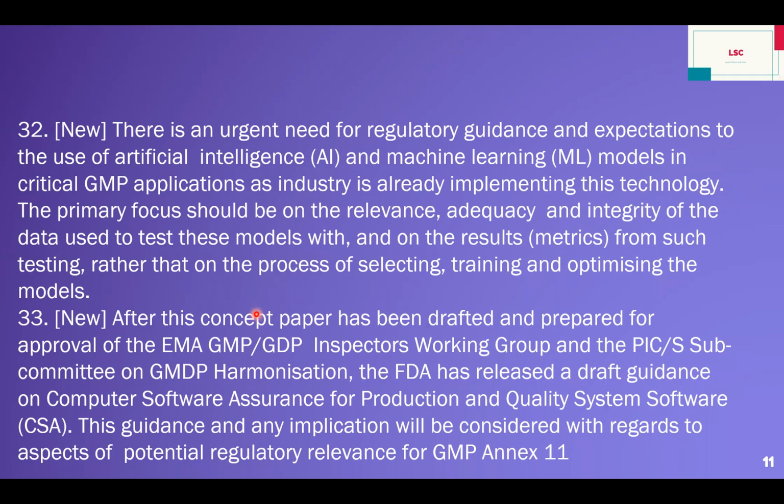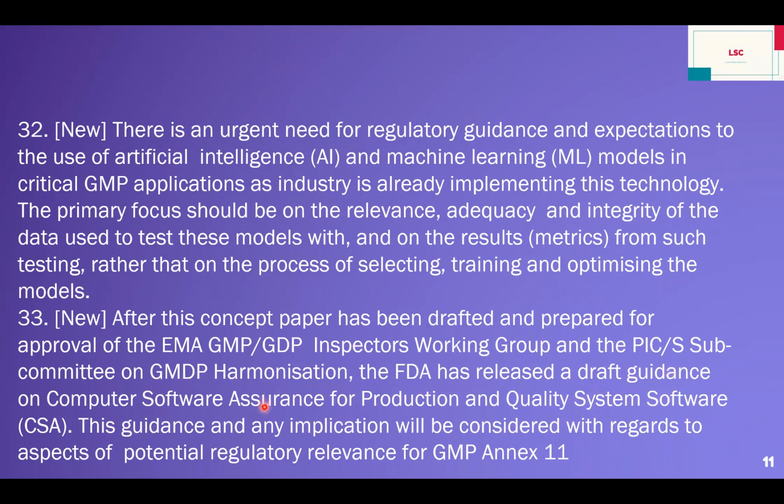Now point 33 is also new: after this concept paper was drafted and prepared for approval by the EMA Inspectors Working Group and the PIC/S Committee on GMDP harmonization, the FDA has released a draft guideline on CSA for production and quality systems. So we know about the CSA guideline of FDA. This is also released.